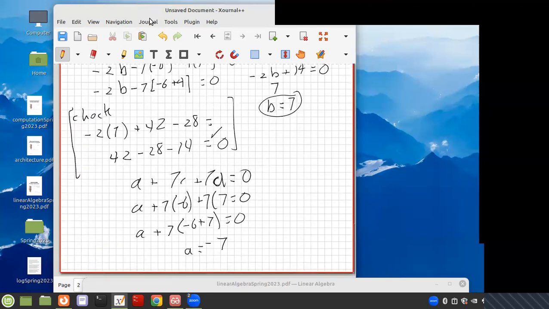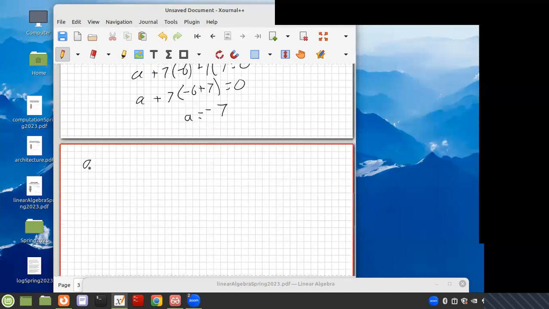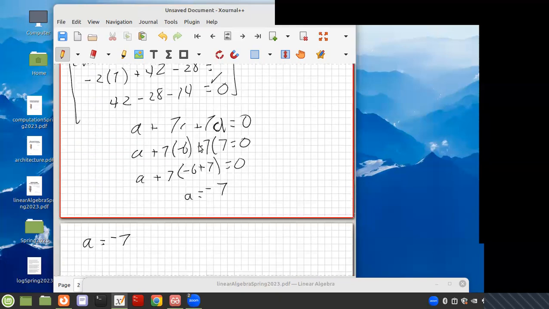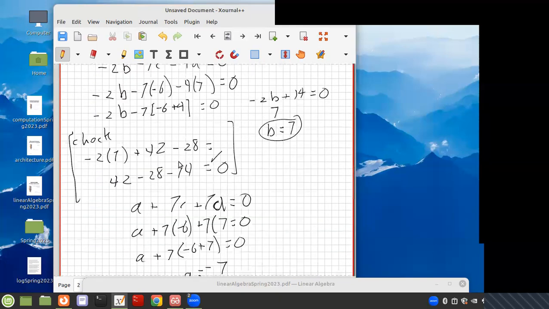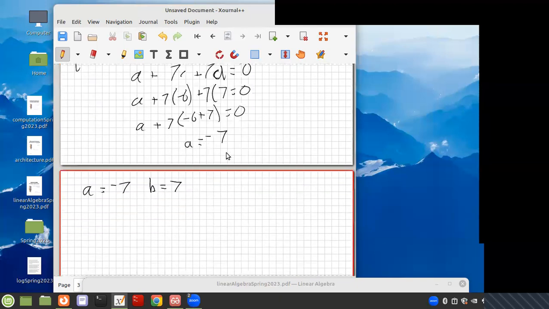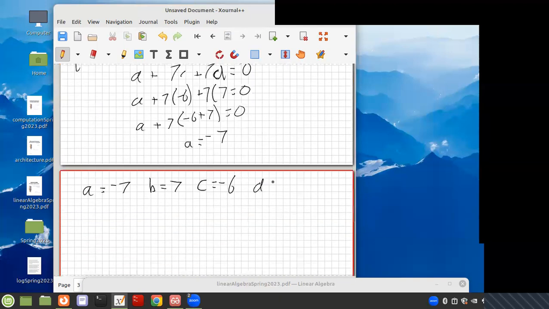Okay, so let's collect this result. We have A equals minus 7, B equals 7, C equals minus 6, and D equals 7.